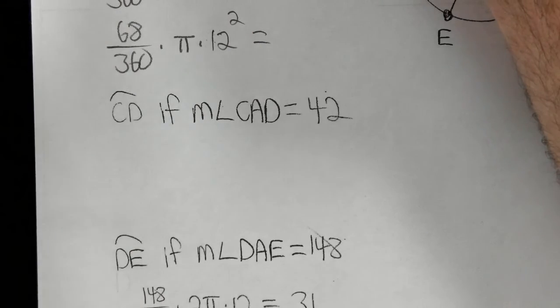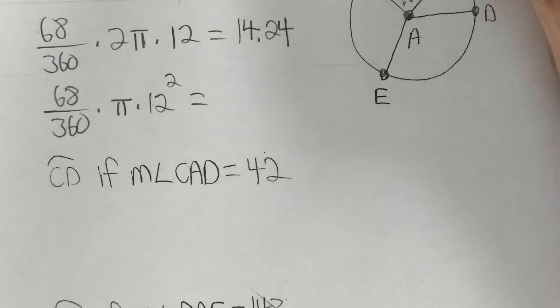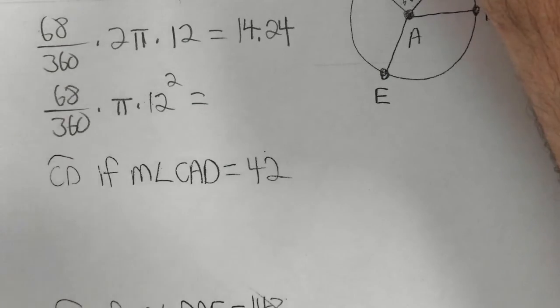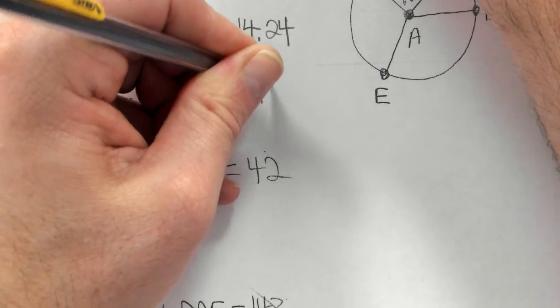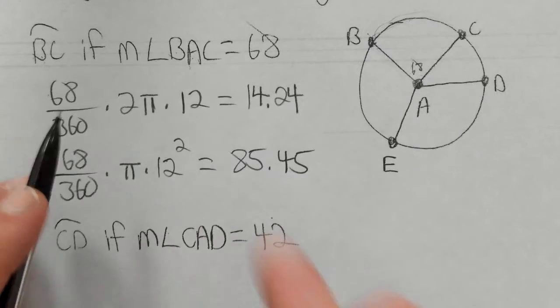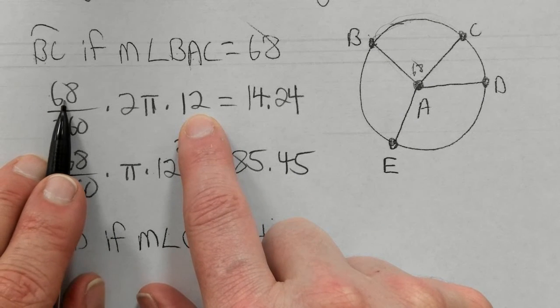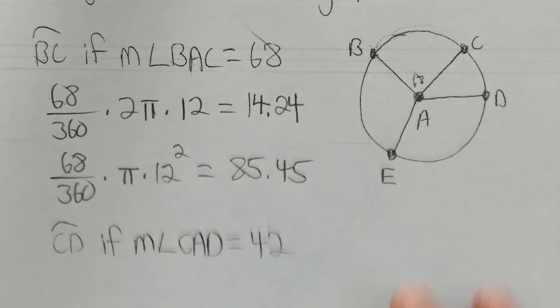Once you get it to here, it's just going to be a matter of plugging it into a calculator. And when you do on this one, you'll get 85.45. Okay? So on these problems, the main thing is pick the right formula, get the right central angle here, and get the right radius here. If you do that, then you'll be in good shape.